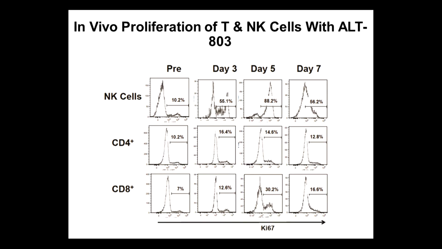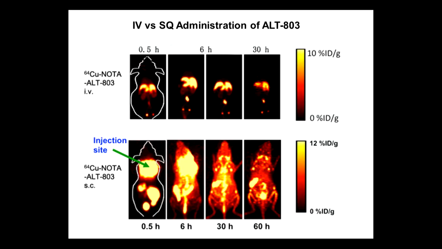And then the last thing is that we're giving it as a subcutaneous injection, not IV, and that is because of data showing that when you use copper labeled ALT-803 and you look in mice after 6, 30, and 60 hours at where the drug is accumulating, this is IV.